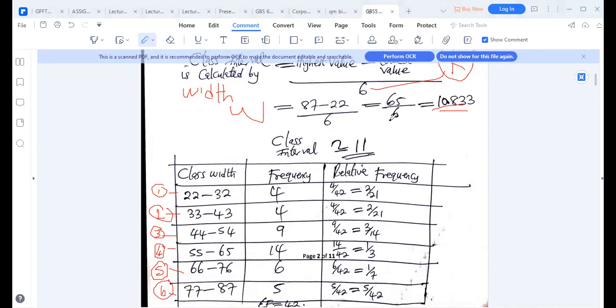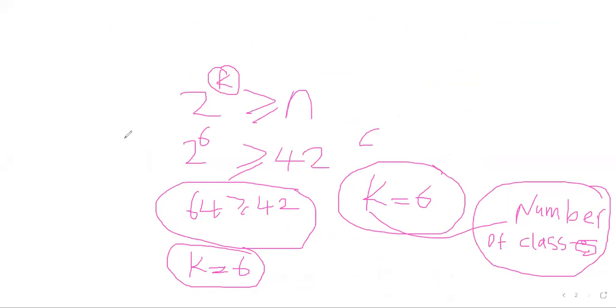Okay, so this is about what we have. The 6 came in because of using this testing criteria. So we have to find the value of K, which we use as the testing criteria, which is 2 to the power K should be greater than or equal to n.